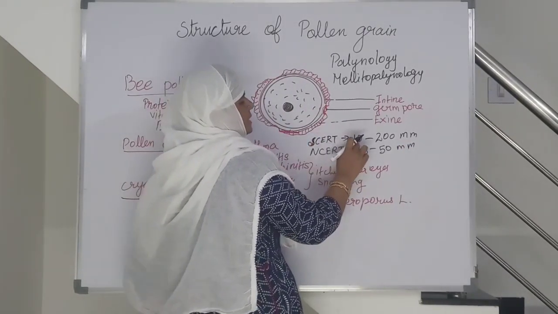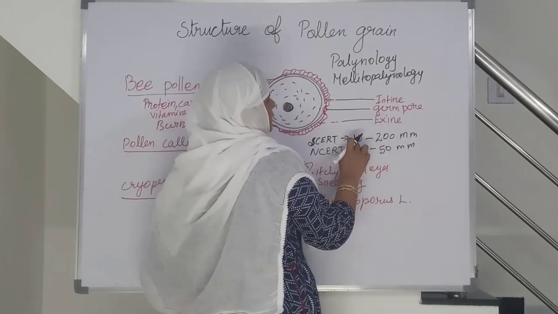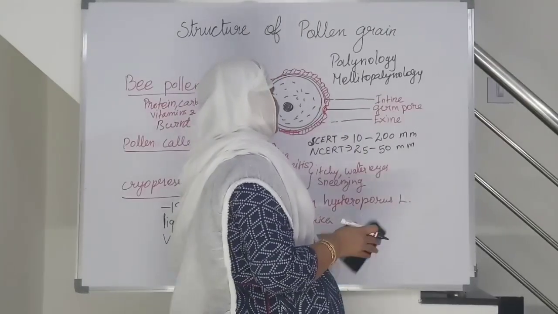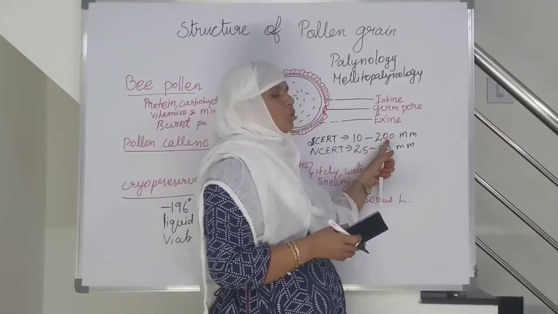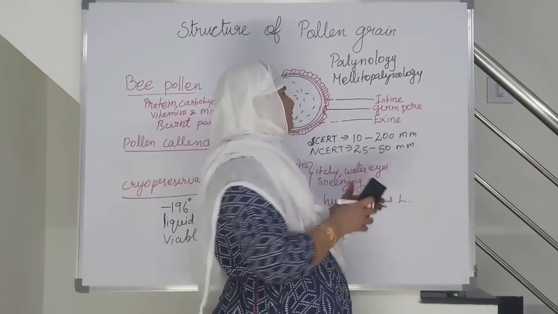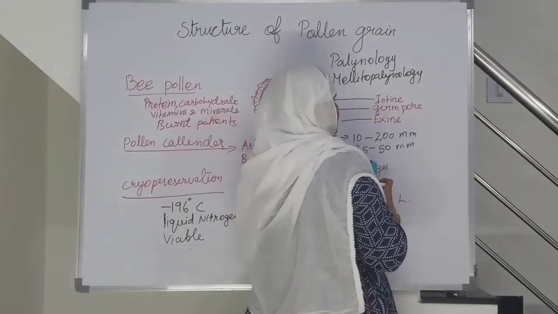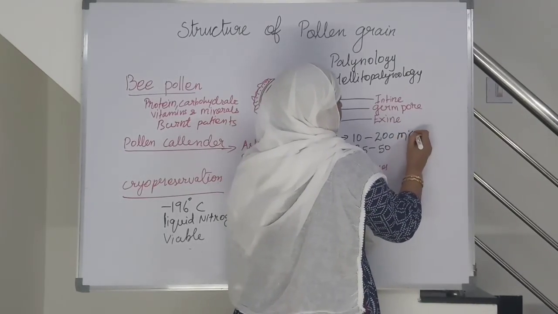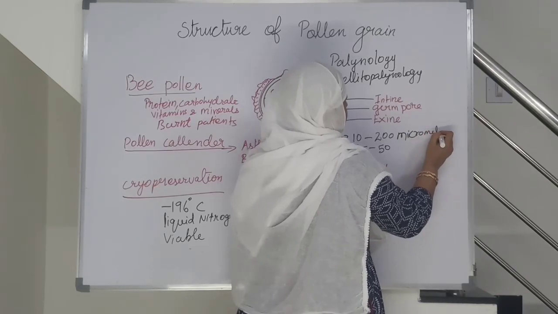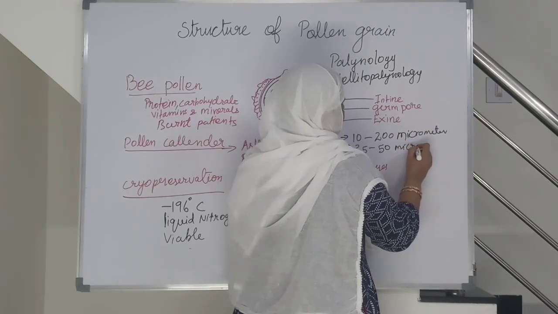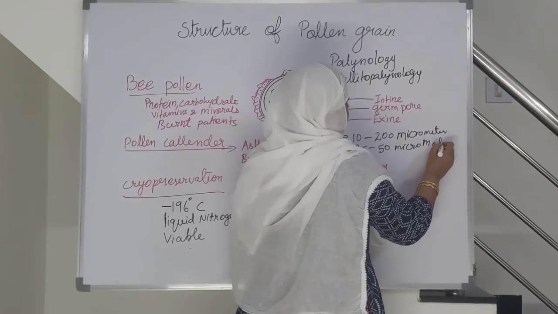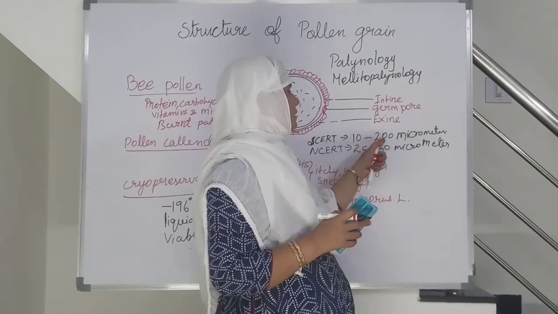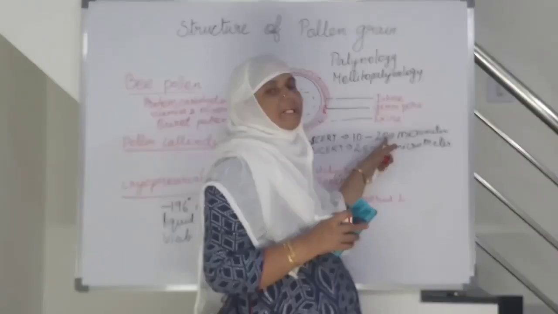Here, for 10 micrometers, an example is Myosotis, and for 200 micrometers, the plants belong to the Cucurbitaceae family.